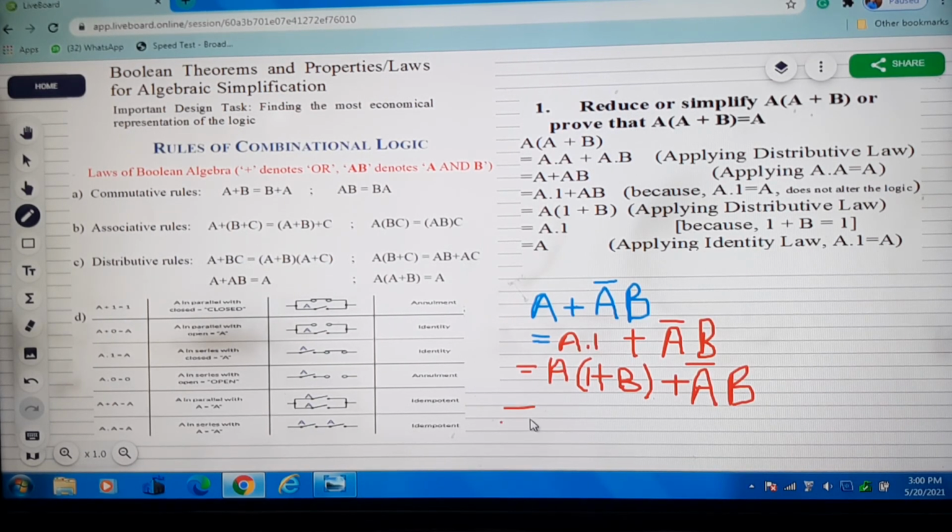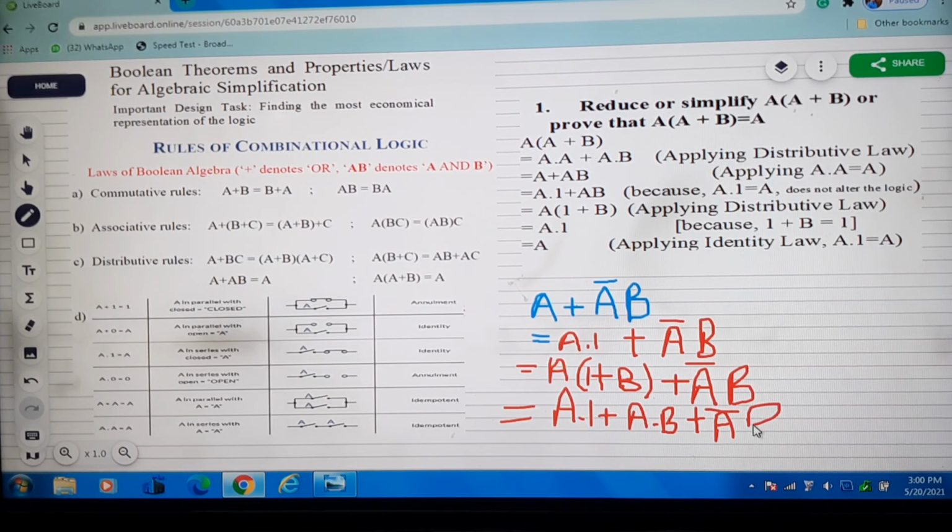Now apply OR distributive law, write it as A dot 1 plus A dot B plus A bar B. Now what will we do?